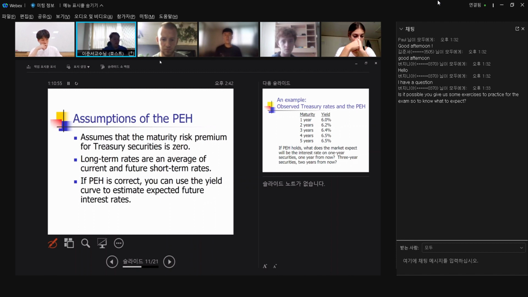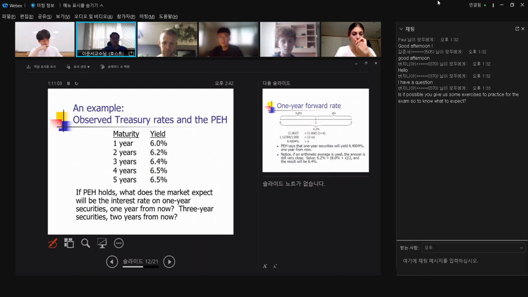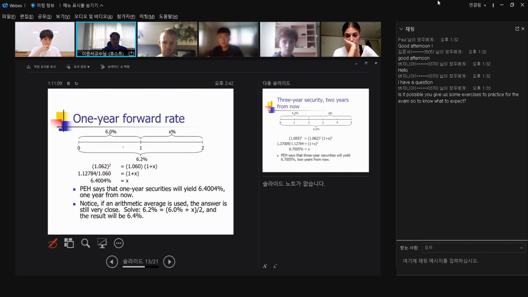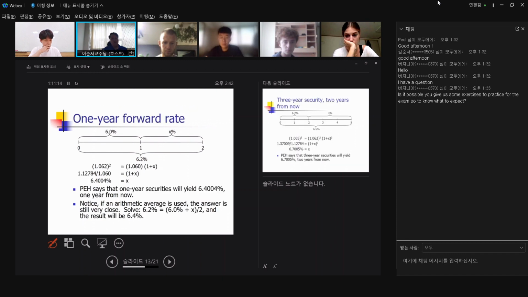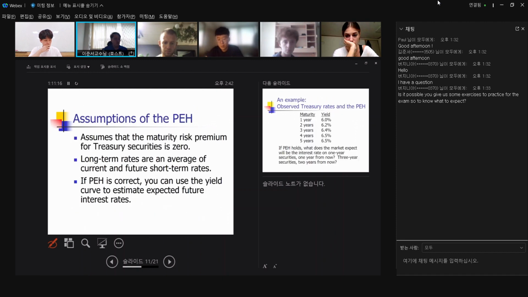Okay, so in the next class we finish up the pure expectation hypothesis. In the middle part of the pure expectation hypothesis, we need to use some basic calculus, or exponential calculus. So we need to finish up chapter 7 and we will talk about chapter 8, risk and return, which is another fundamental concept.